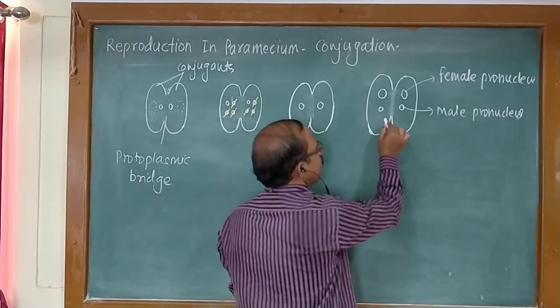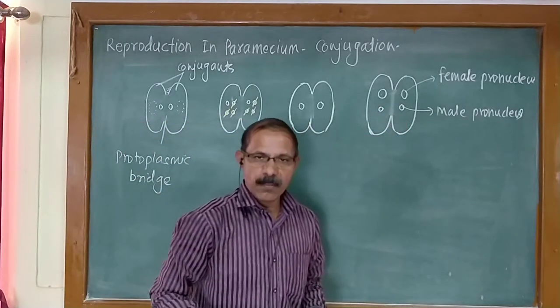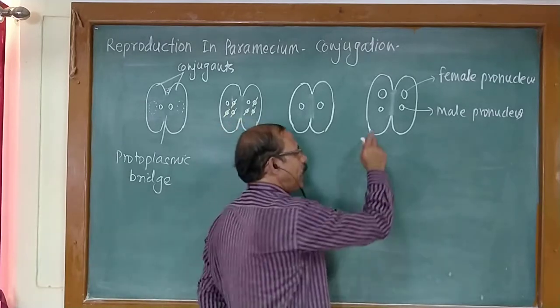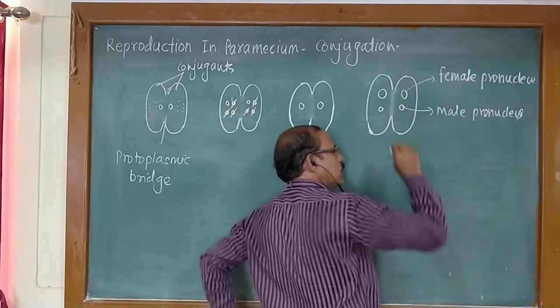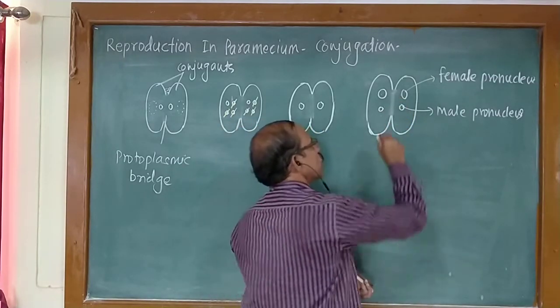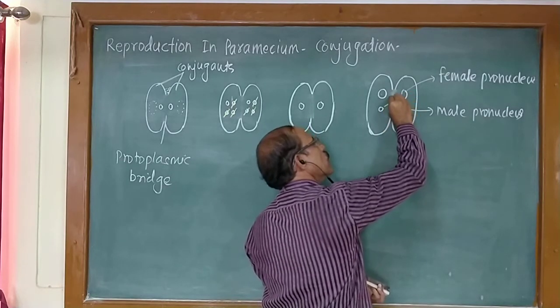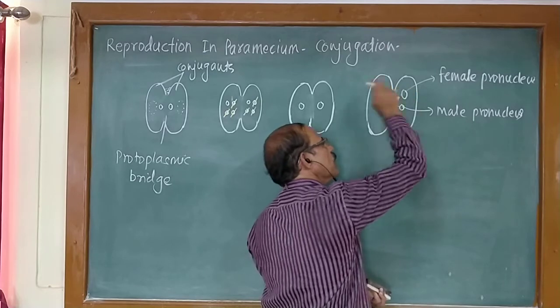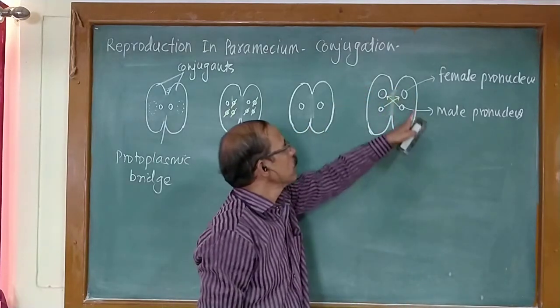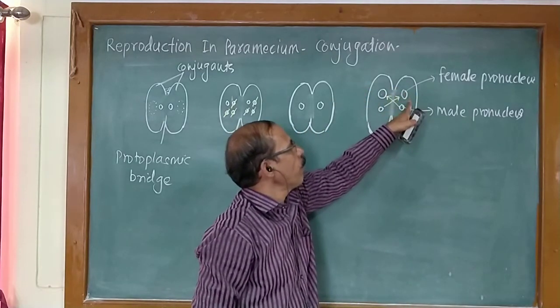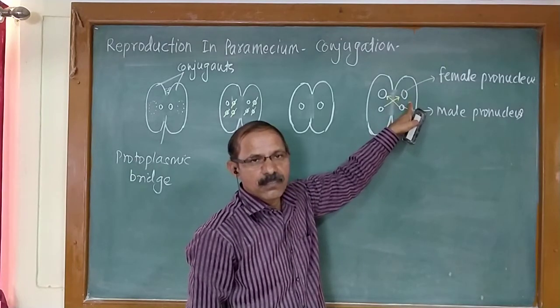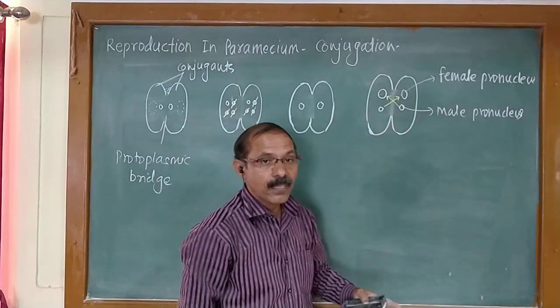The migratory male pronuclei of one ex-conjugant crosses the protoplasmic bridge and fuses with the female pronuclei of the neighboring one. Means what happens?